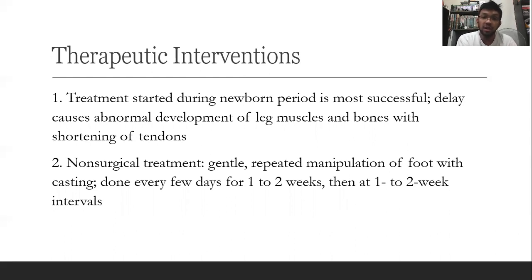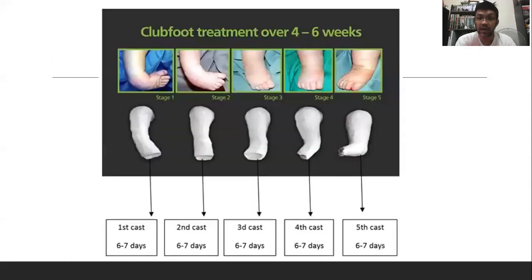Non-surgical treatment is gentle, repeated manipulation of the foot with casting. They're going to apply casts, which will be changed every few days for 1 to 2 weeks, then at 1 to 2 week intervals. Like in this one, stage 1, the first cast, will be applied for 6 to 7 days. The second cast will be applied again, and so on until the fifth cast is applied and the deformity is corrected. This is done over a 4 to 6 week period.